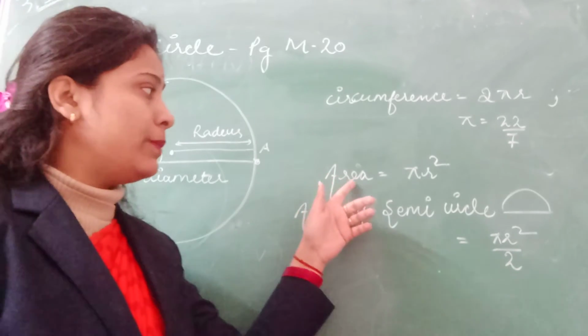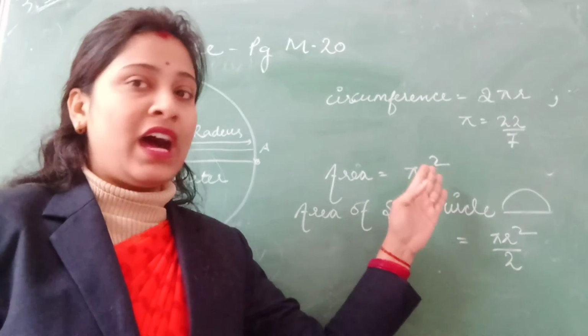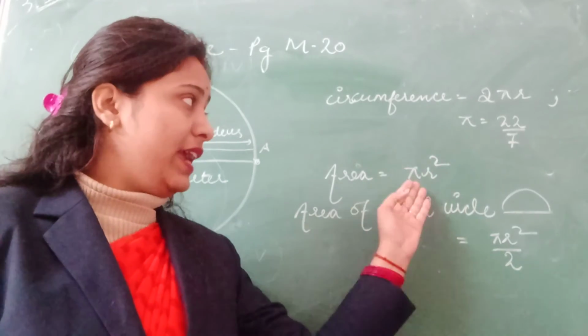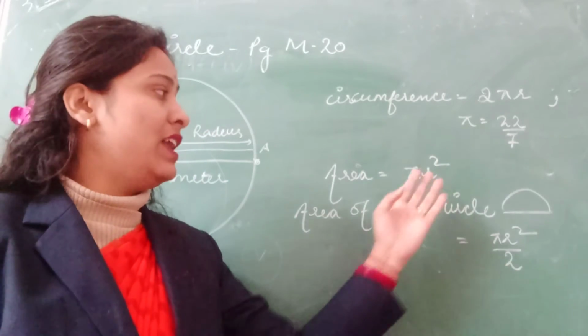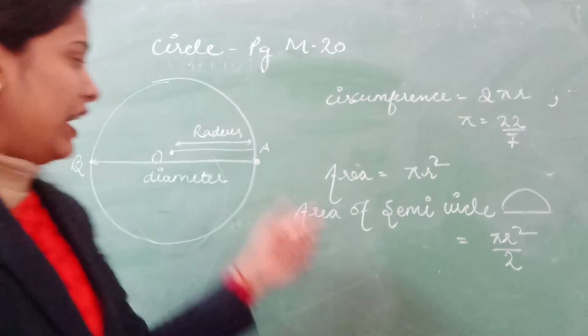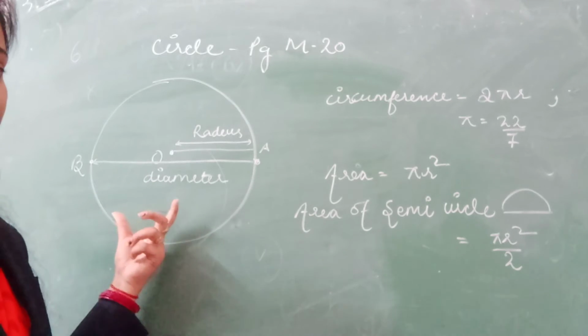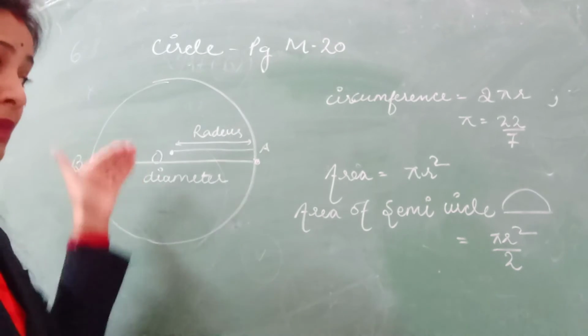Now the next is, what about area of a circle? The area of a circle is pi r square. Pi, the same value, 22 by 7. R square means square of the radius. Now, if I divide the circle, or if I half the circle, it will become a semicircle.